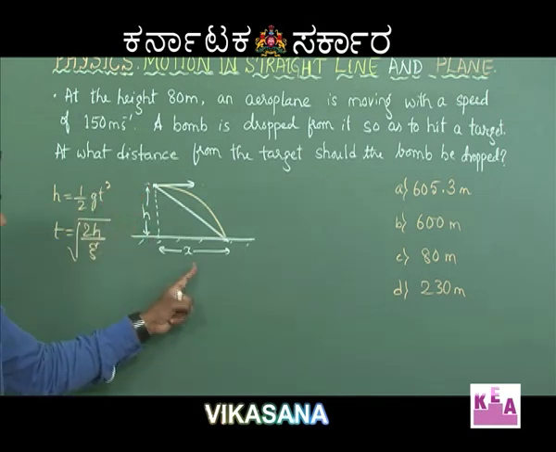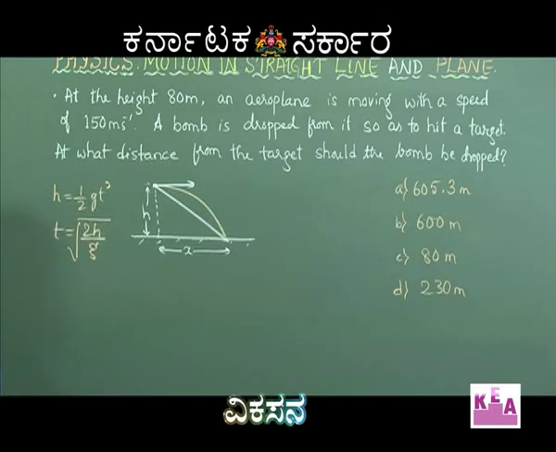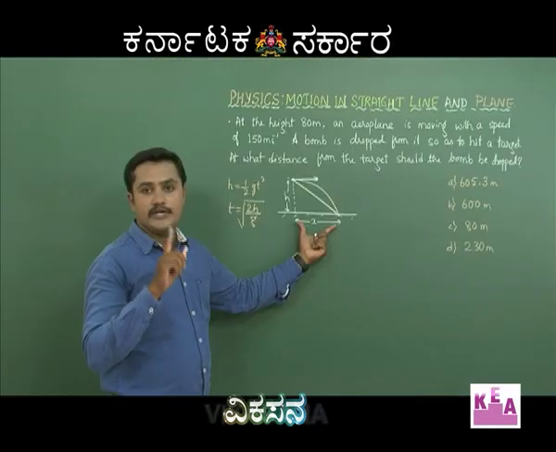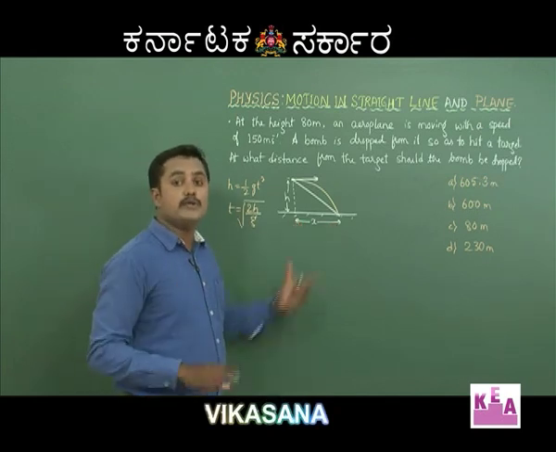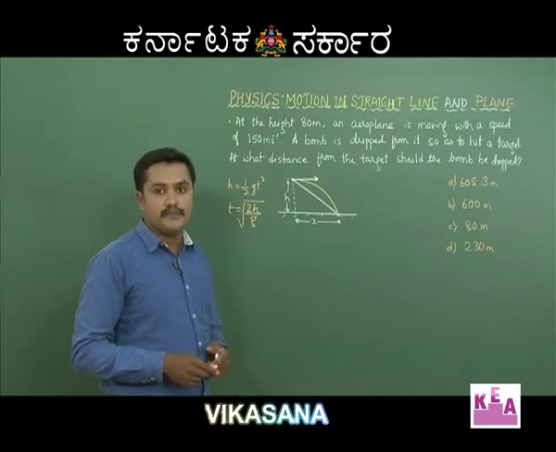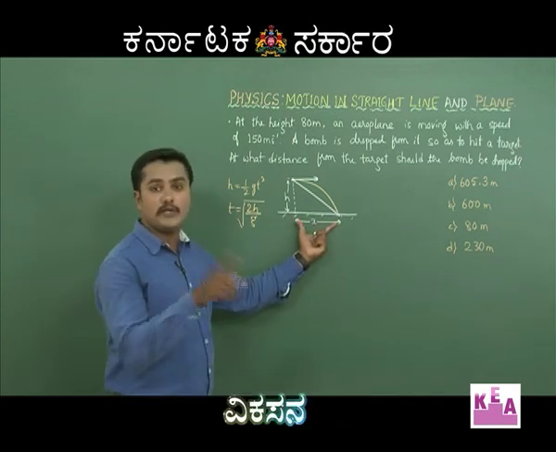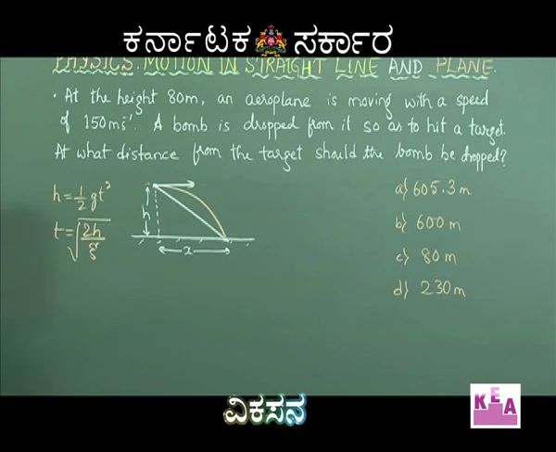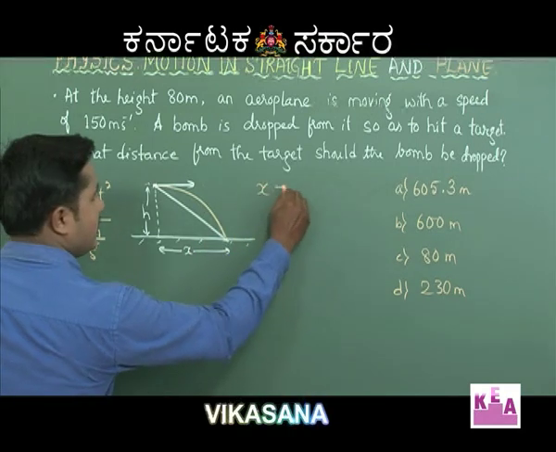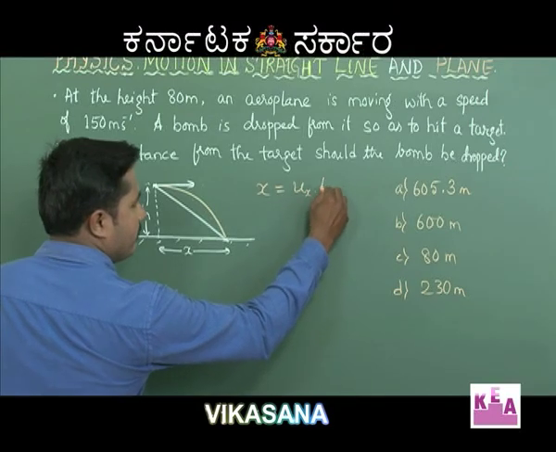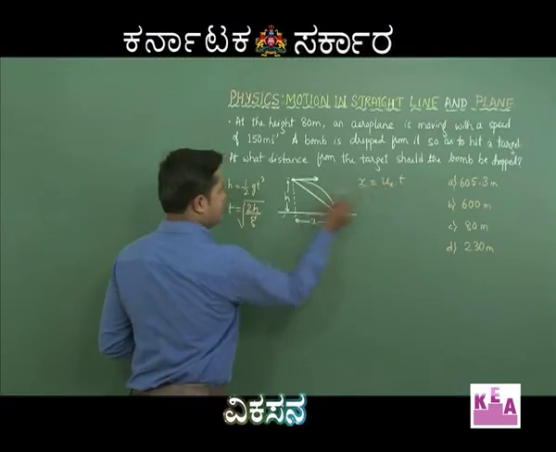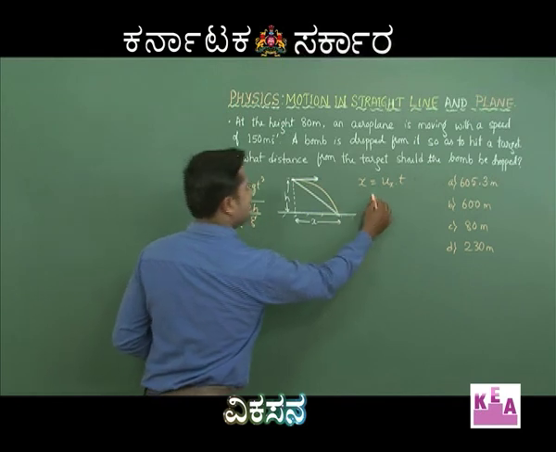By knowing h and x, you can calculate the hypotenuse. To find this horizontal distance, you need to remember one fact: for a projectile, the horizontal motion is uniform motion, and the displacement along the horizontal can be calculated easily using the formula x is equal to horizontal velocity into time. That horizontal velocity is nothing but the velocity of the plane itself.